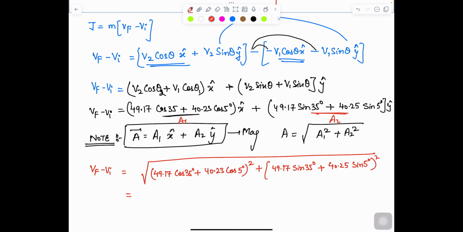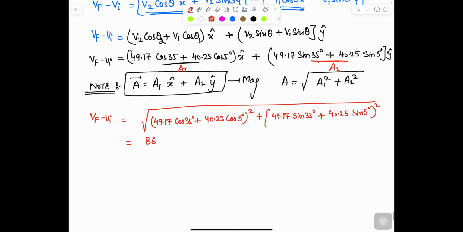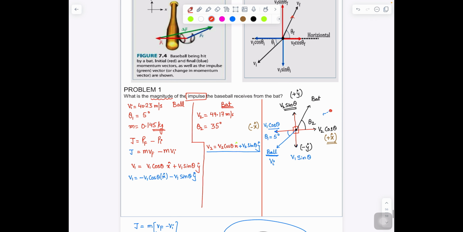Solve this, guys. Solve it fast. You will get 86.38. So what we are looking for, J, is m times Vf minus Vi. The mass is 0.145 multiplied by 86.38. So the final answer is 12.5 kg meter per second. Clear? Sure?